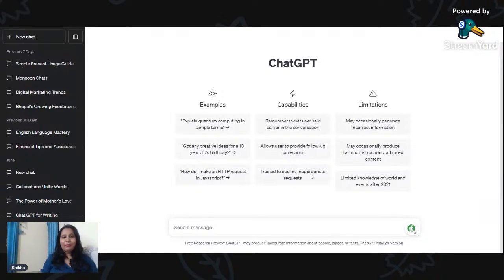So, for example, you want to learn how to change active voice to passive voice or passive voice to active voice, or maybe you want to learn what active or passive voice is. You can just write your command here. Just write, what is active and passive voice?